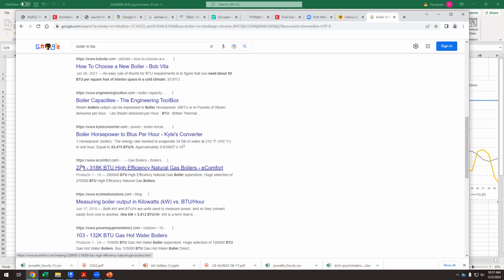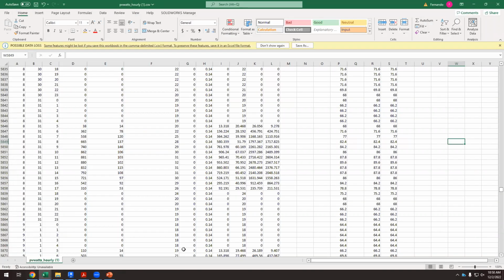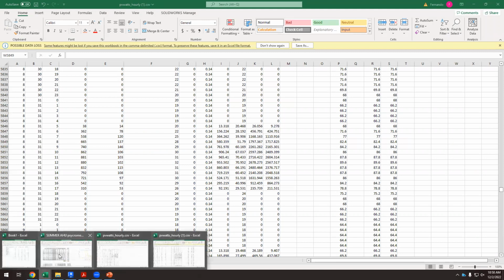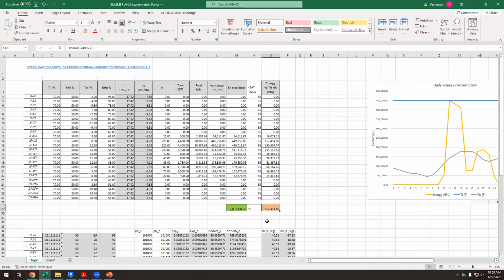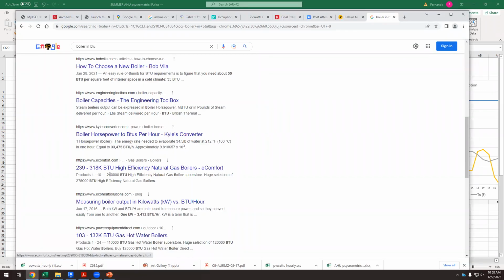This is more than enough because our boiler has to be 157, so we need something above this number. We have to go to a catalog. 318 is too much, probably this 239. If our boiler is 150 something, this is more than enough.